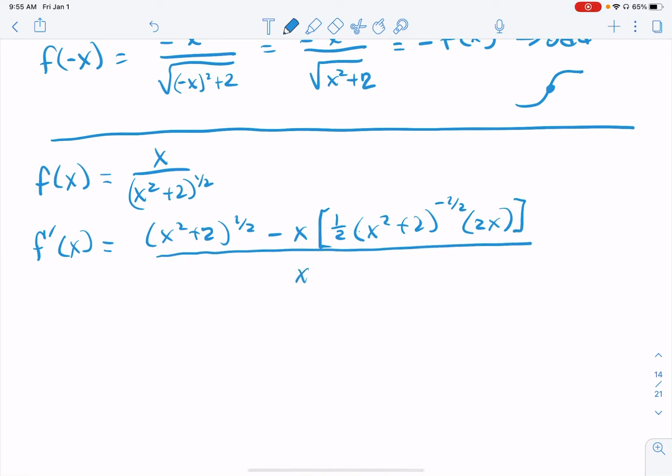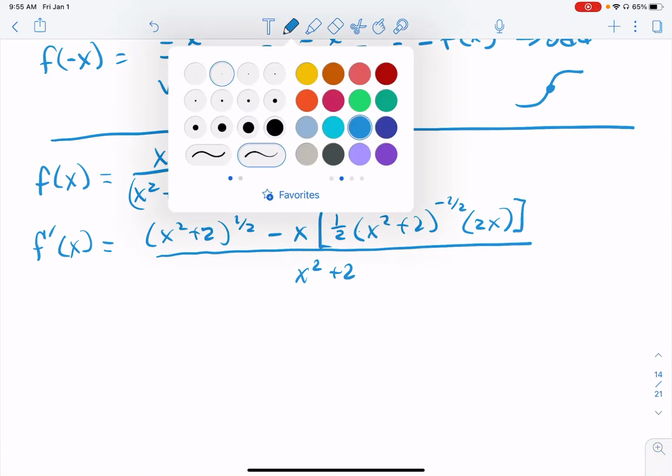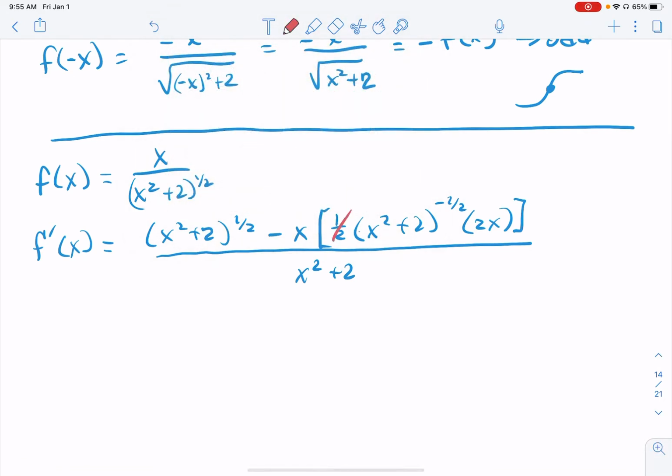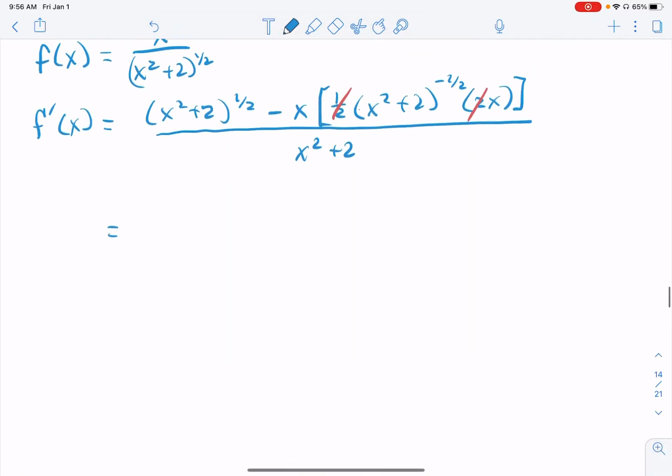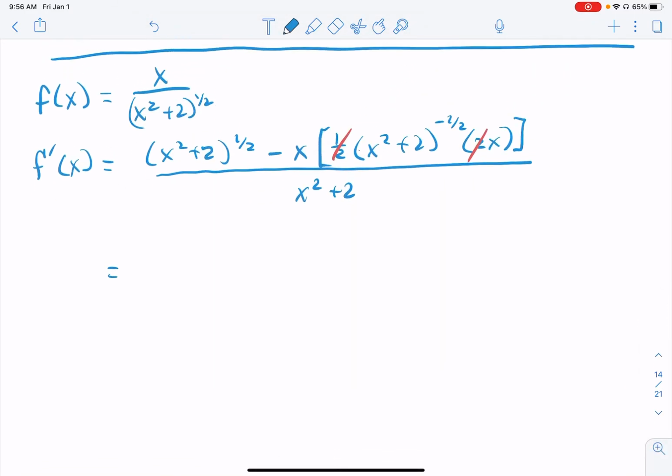Denominator squared is just going to leave us with x squared plus 2. Square and the square root cancel each other out, of course. All right. Now then, let's cancel this and that, and then maybe rewrite a little bit and do a little bit of fancy factoring, because it's really going to help us figure out what our critical numbers are, and also set up intervals to do testing for increasing and decreasing.